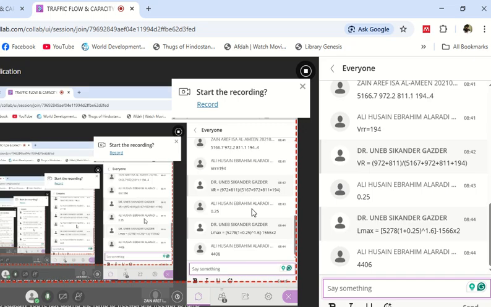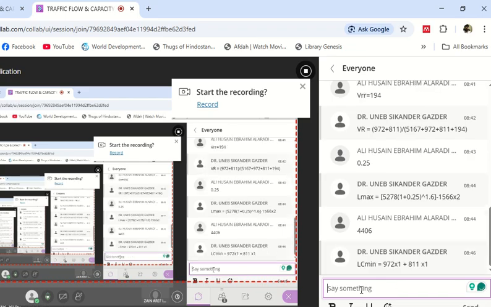So the minimum will be, for the record, 972 into 1 plus 811 into 1. So how much is this?